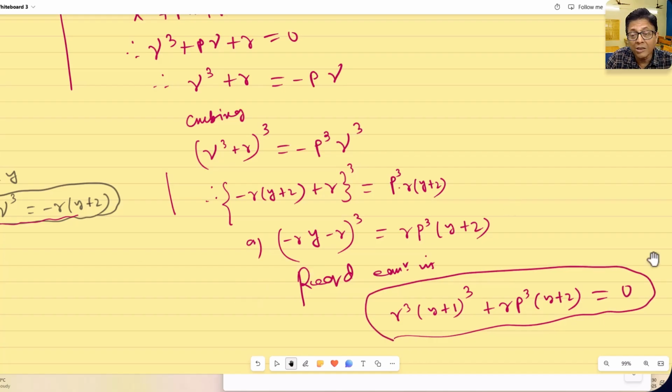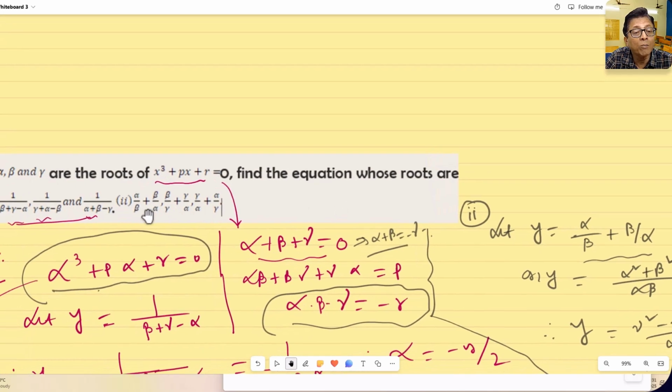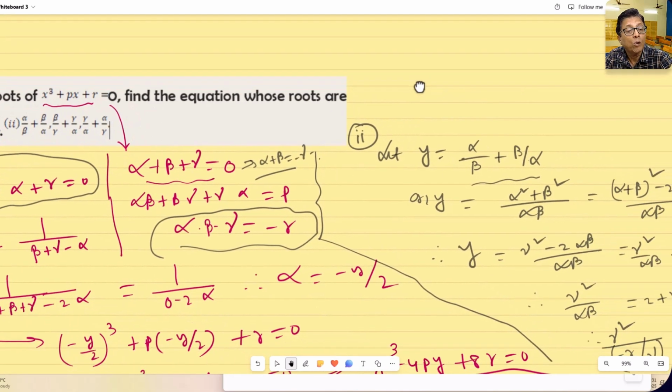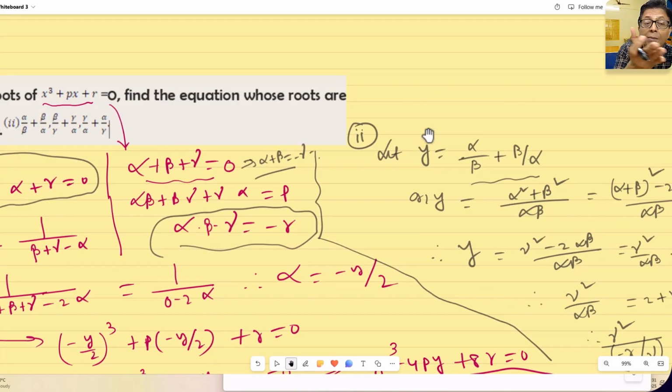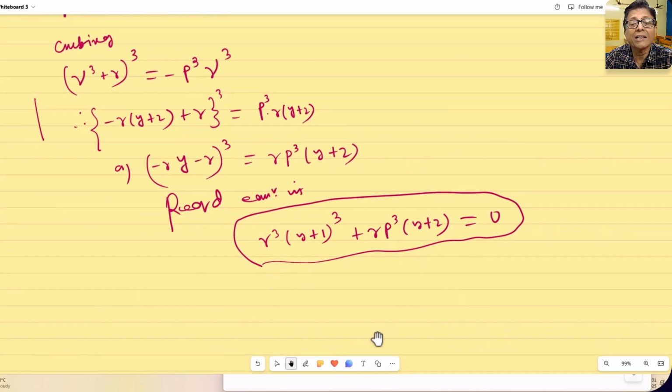This equation has roots of this form: alpha by beta plus beta by alpha, beta by gamma plus gamma by beta, gamma by alpha plus alpha by gamma. Okay? Again, if they have asked to find the value of this product, this into this into this, then your answer is here. Just get the absolute term, it will be the product of the roots.